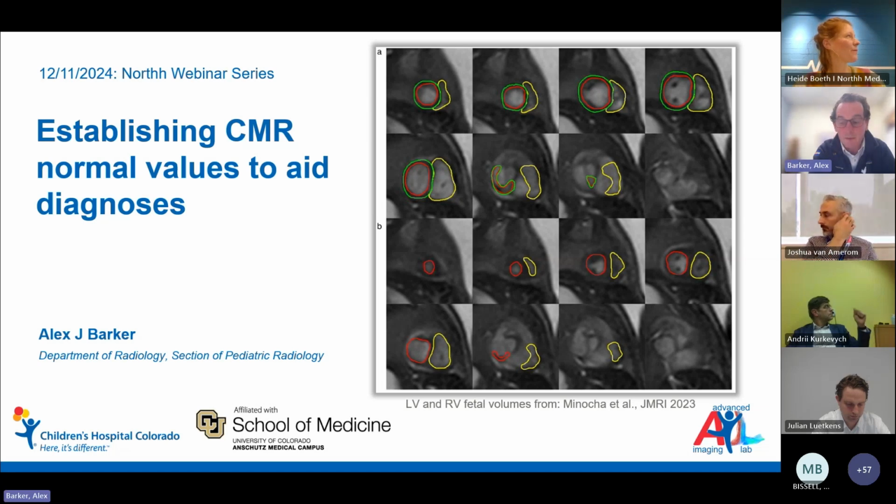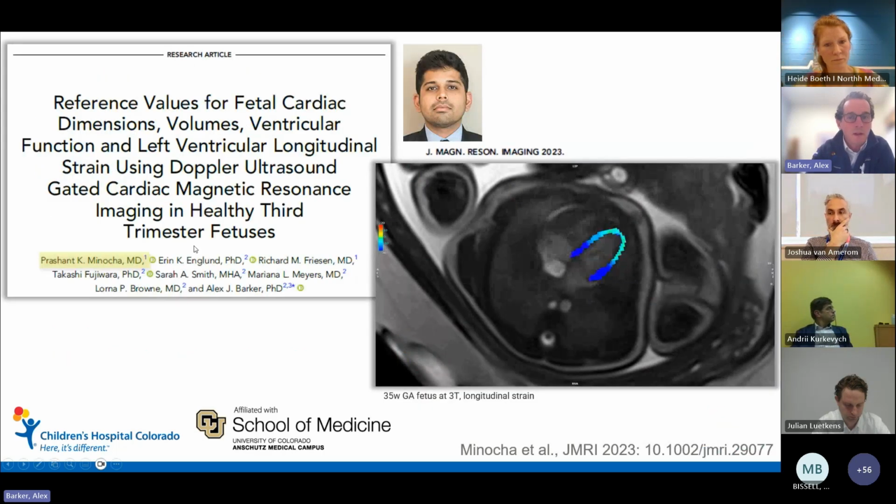With that said, I'm going to revisit our efforts here because fetal CMR is so new to establish what is normal with actual MRI fetal CMR values. It's difficult to say because most of the normative values that are reported for cardiac function are from echo.